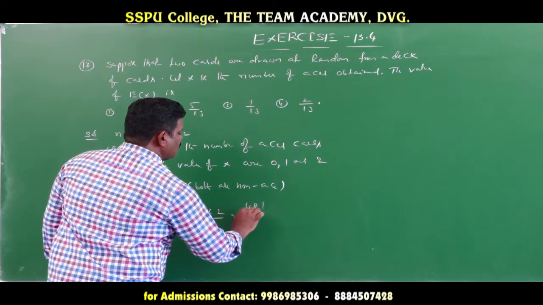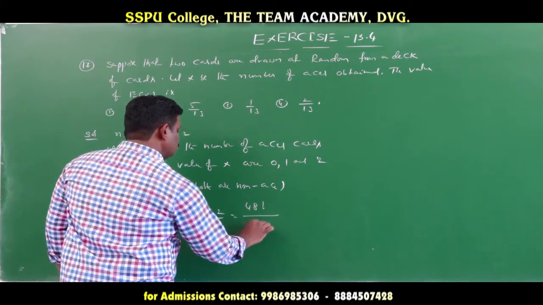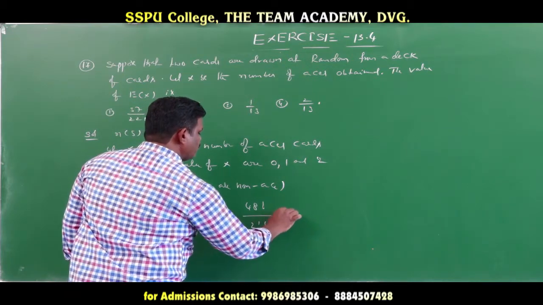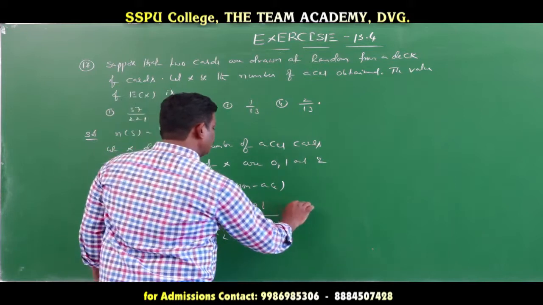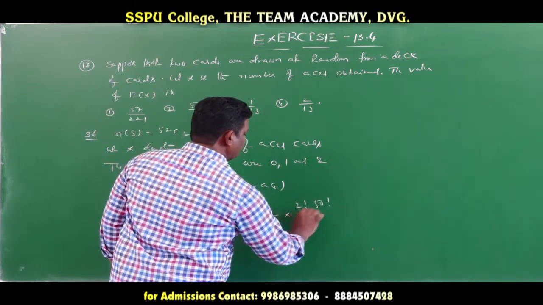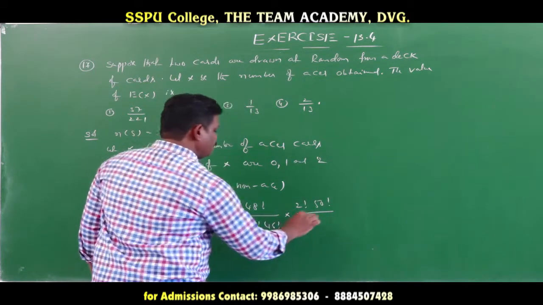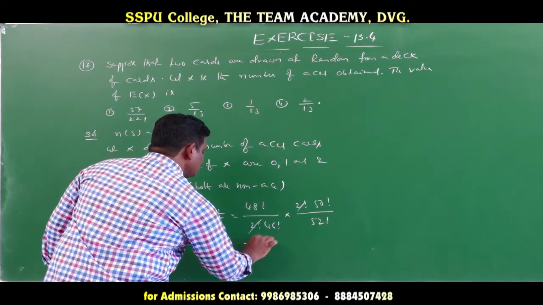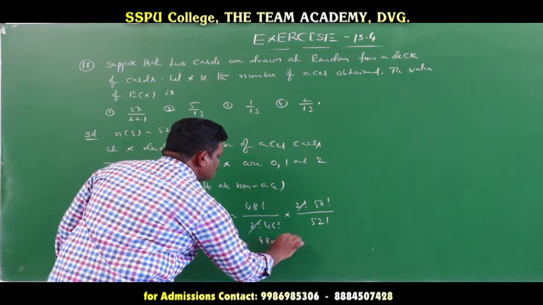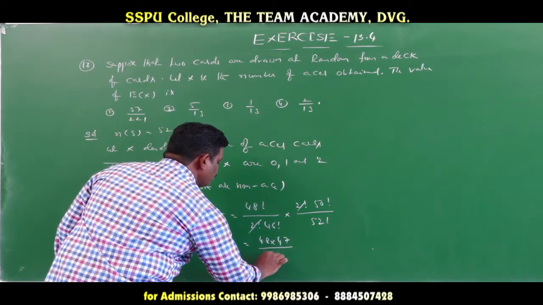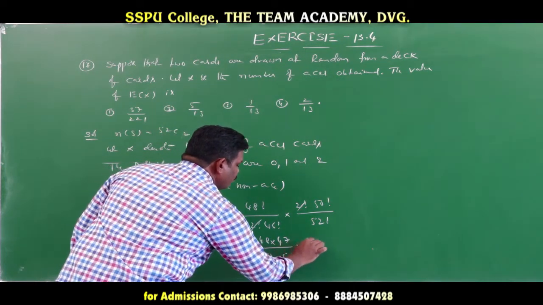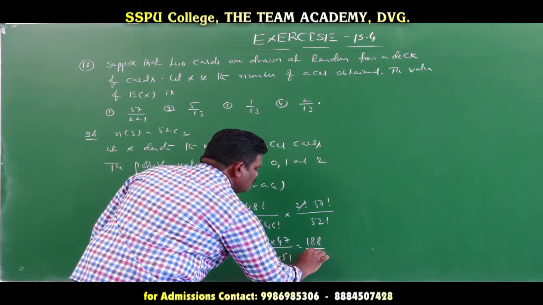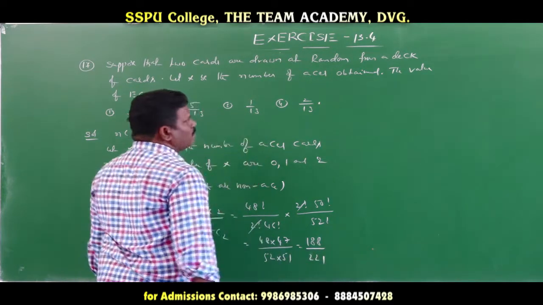So 48 factorial by 2 factorial into 46 factorial, divided by 52 factorial by 2 factorial into 50 factorial. Now cancel 2 factorial with 2 factorial. The numerator is 48 into 47, the denominator is 52 into 51. After cancellation we get 188 by 221, the first value.